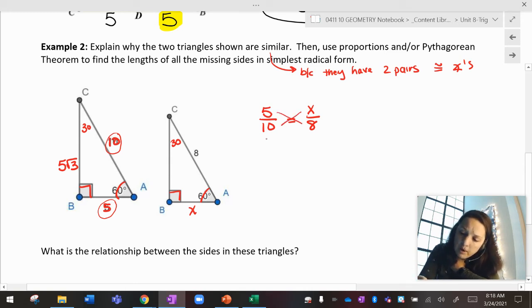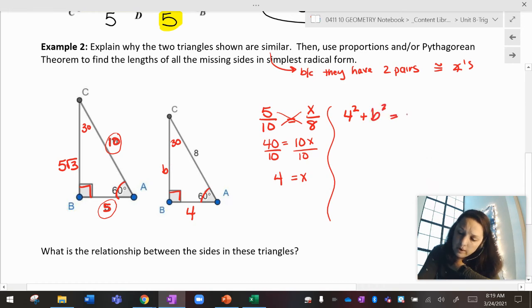Cross multiply, 40 equals 10x. Divide by 10, x equals 4. Okay. And now that I know that this is 4 and that's 8, I could do Pythagorean theorem and say a squared plus, we'll call this b squared equals c squared. 16 plus b squared is 64.